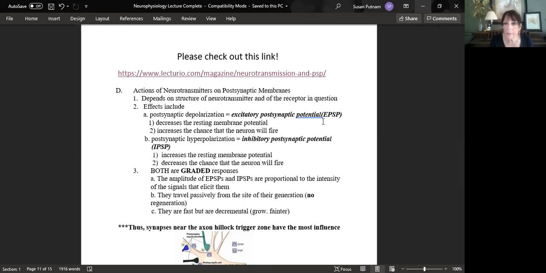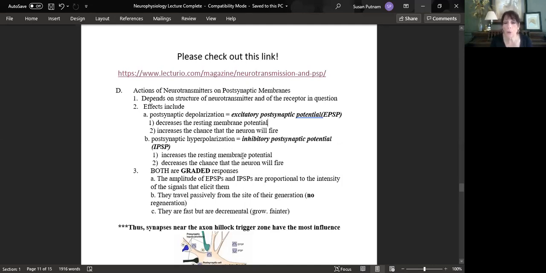Both of these can be considered PSPs, but this one is E for excitatory, and in a moment we're going to see there's inhibitory as well. So this will decrease the resting membrane potential, bringing it up closer so that there's less of a difference to the outside of the cell, which will increase the chance that the neuron will fire.